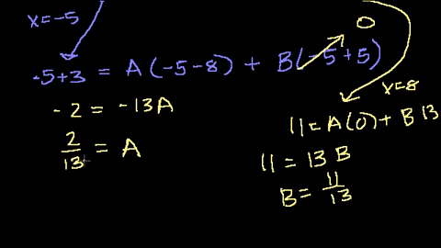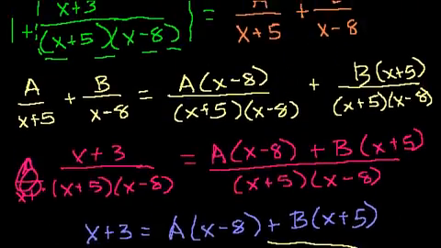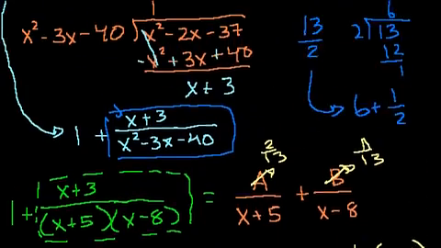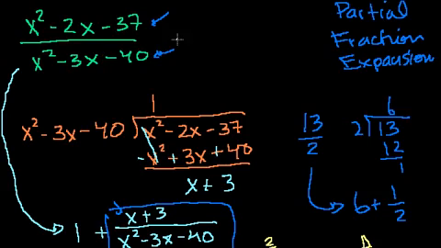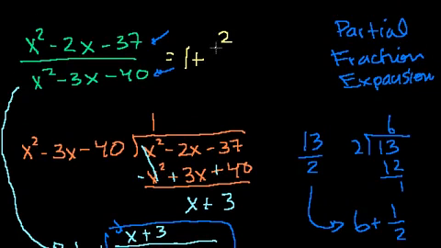So we were able to solve for our a and our b. And so we can go back to our original equation, and we could say, wow, this just has to be equal to 2 over 13, and this just has to be equal to 11 over 13. So our very original thing we wrote up here can be decomposed into this one over here, plus 2 over 13 over x plus 5.